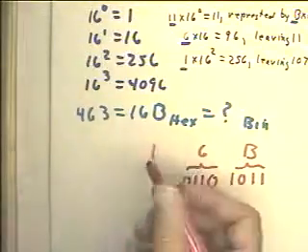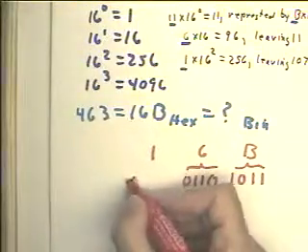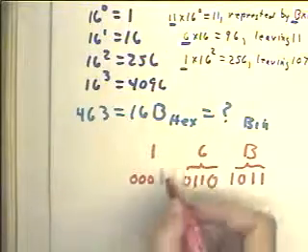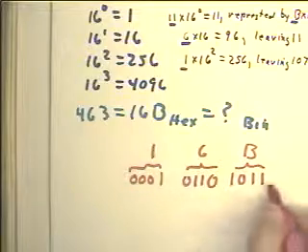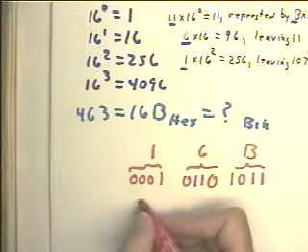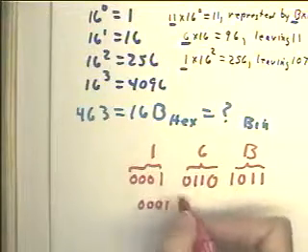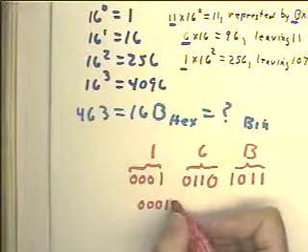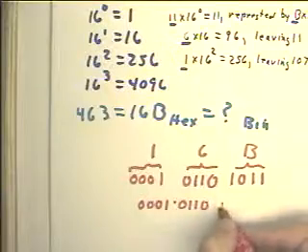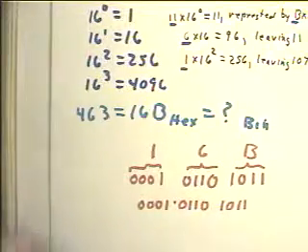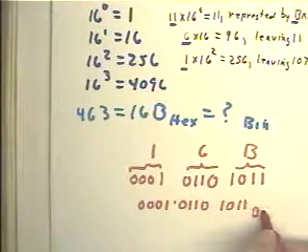Now the 1 in hexadecimal means just 0001 in binary. So that our final number is 0001, and I'm going to leave a little space here, 01101011, binary.